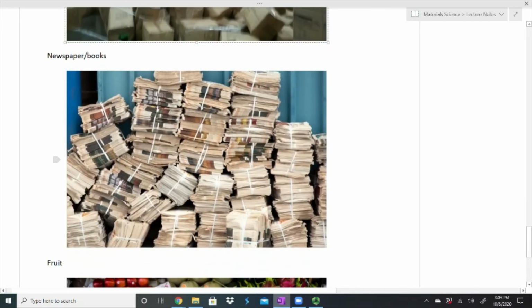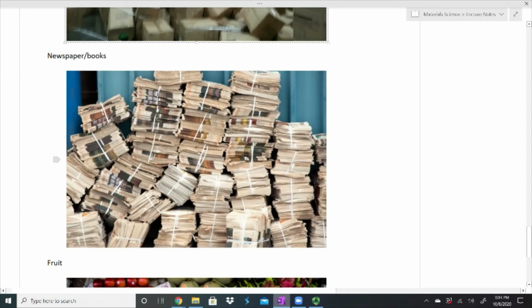Same idea here with a stack of newspapers. Each one of these stacks of newspapers, you can see that the images and some of the text are all the same throughout a stack or throughout at least a chunk of a stack. So there is some order here. I see this one on the top, kind of the left-hand side.